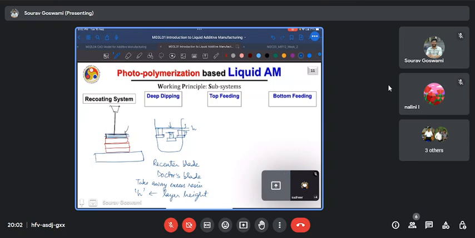In top feeding, we have a set of nozzles that deliver a curtain of the liquid material. So when they are operating simultaneously, what you obtain is a curtain of liquid material, and this is deposited on top of my pre-built layers. As the feeding of the liquid is happening from the top direction, this is called top feeding. And in bottom feeding, of course, this is especially used when we are printing along the negative z direction.